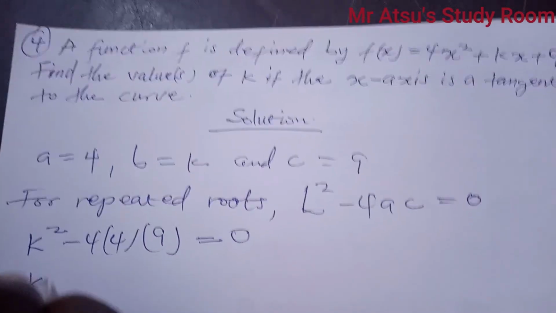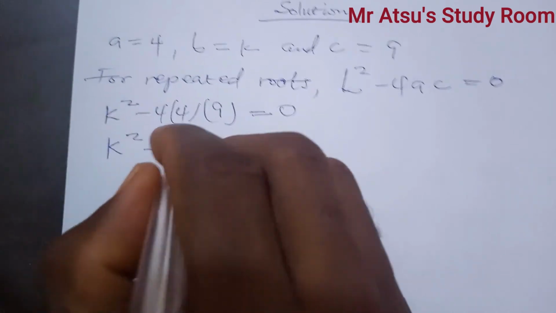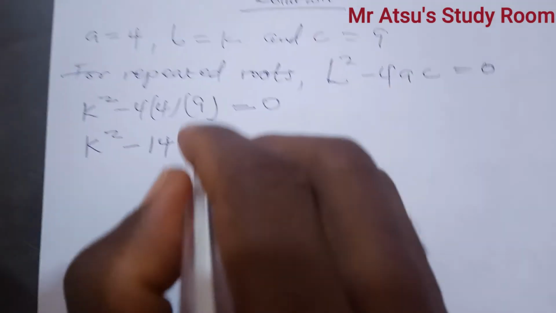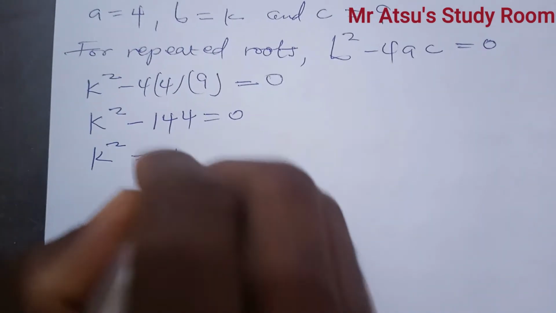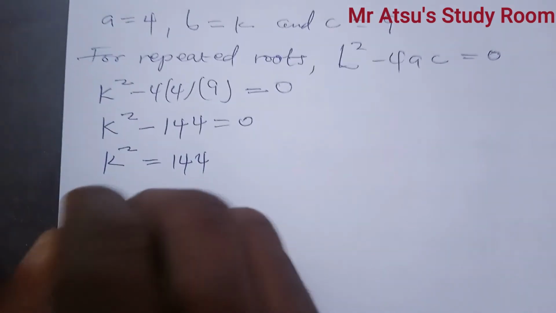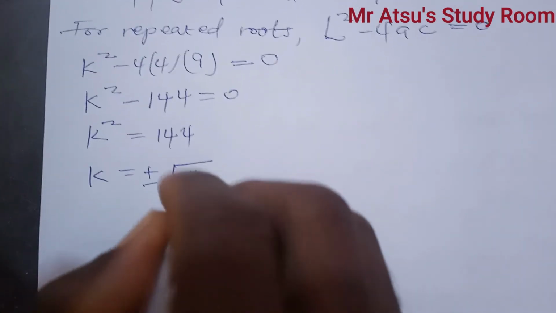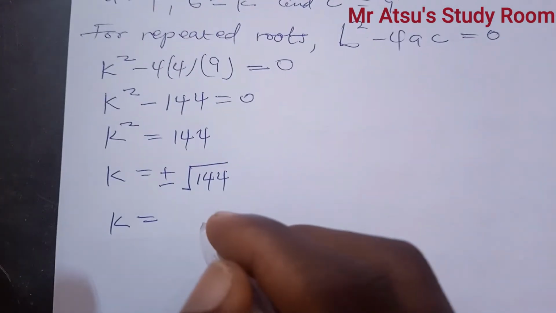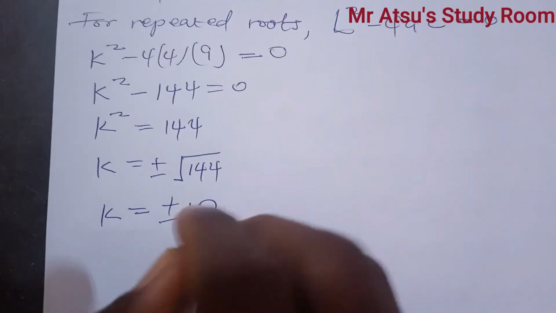And that means k squared minus 144 equals 0. k squared will be equal to 144. k will be equal to plus or minus the square root of 144. k will be equal to plus or minus 12.